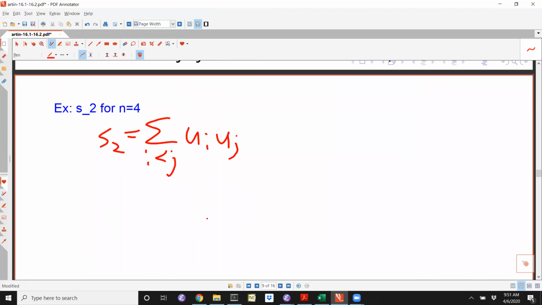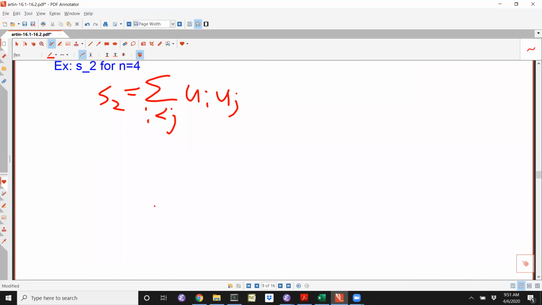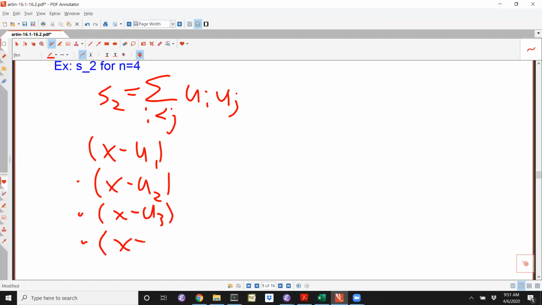The question is, this is actually an old combinatorics problem. I'm kind of a visual person. Suppose we think about multiplying, so this is n equals 4.